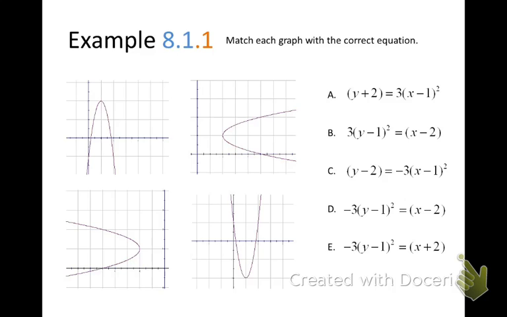And then there might be a coefficient on that. Now, what are you expecting about the coefficient in front since this opens down? Negative. Do you guys see that anywhere here? C. So you've got y minus 2 like we talked about, x minus 1 squared, and you've got a negative coefficient so it opens down. Very good. So let's go ahead and mark this as graph C. Cross it off our list.